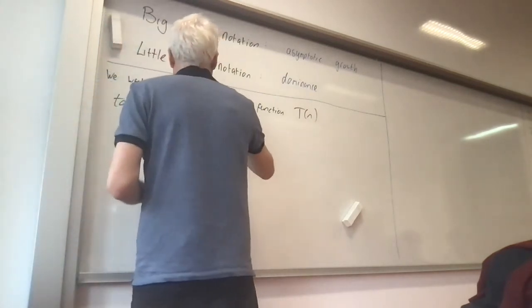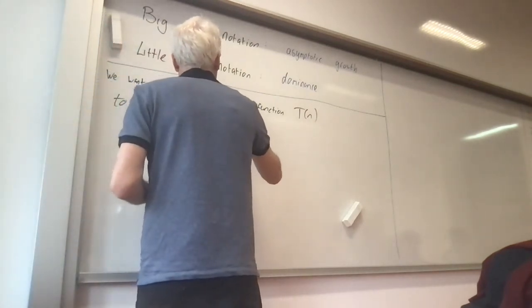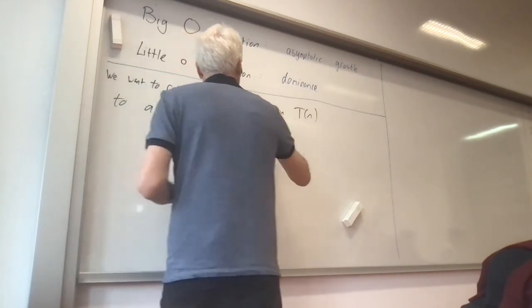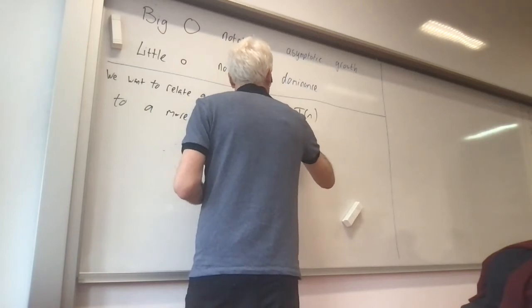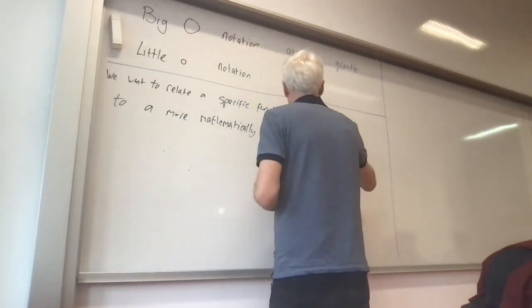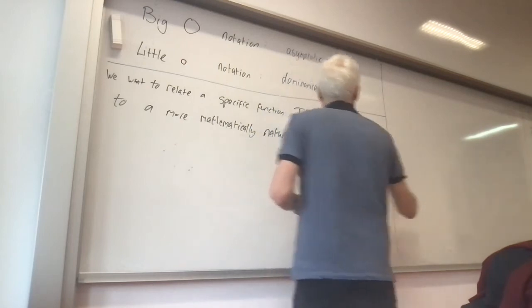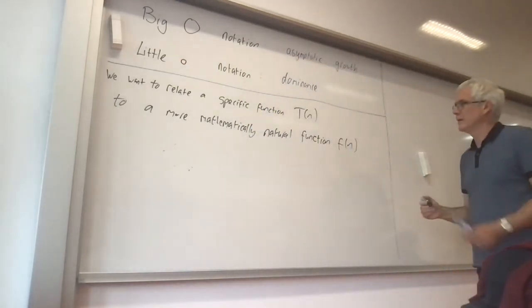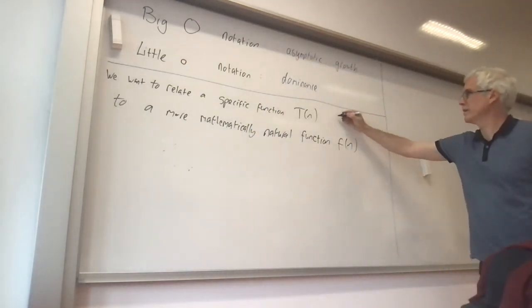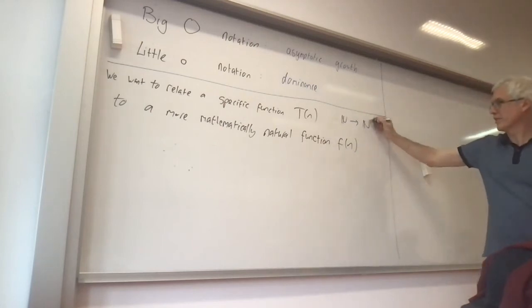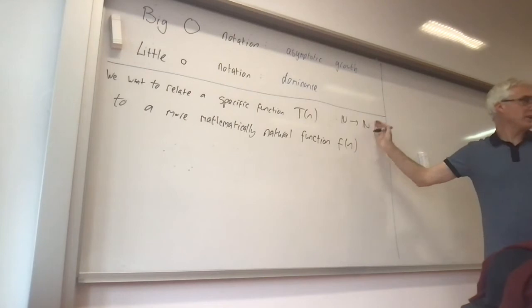And we compare it to a more mathematically natural function, f of n. So these are functions. In this course, these are going to be functions on the natural numbers, which will include 0.